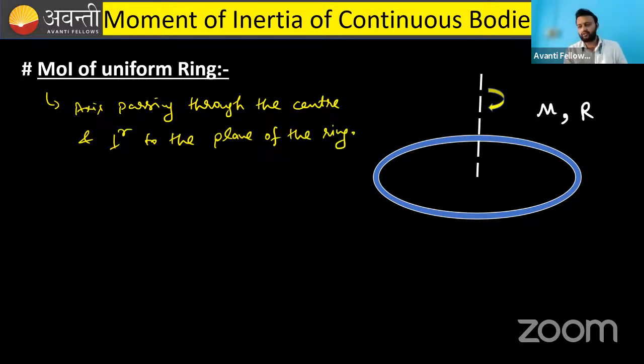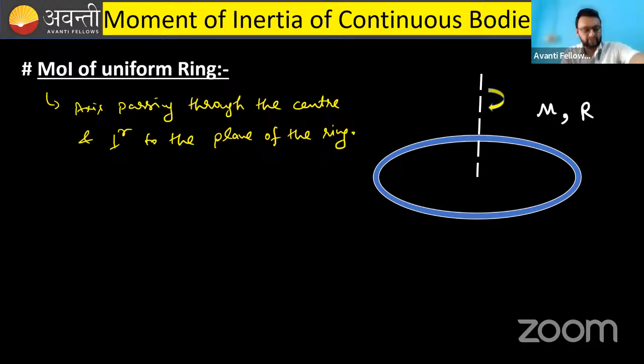This is another difficult situation for you, I think. For example, the ring is like this, my hand is like a ring. Suppose this is a circular ring, and the axis is what? Passing through its center and perpendicular to it. This is the axis. I think this is clear to you.